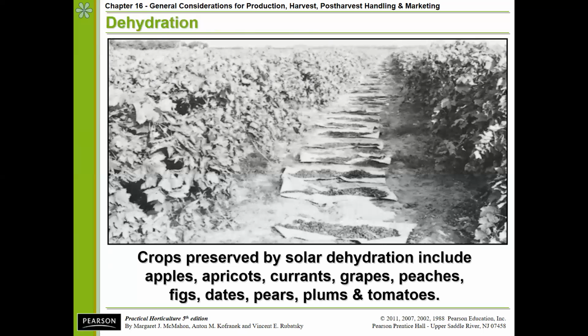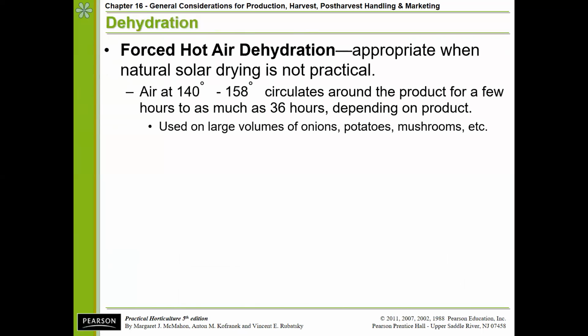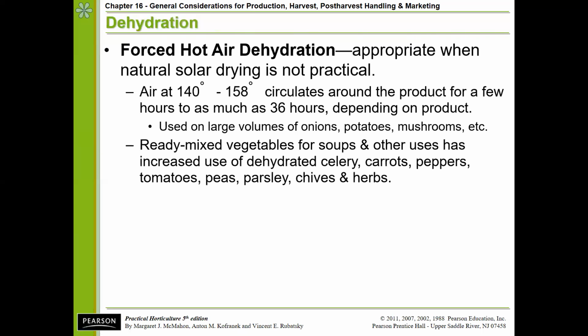Often this is done more for fruit crops. Forced air dehydration is just another way to do it, moving warm or hot air around the crop to dehydrate it. And of course, you may have done this at home using a home dehydrator.